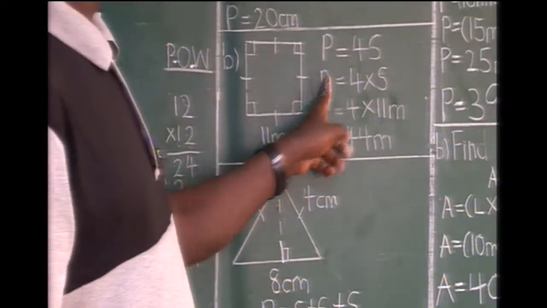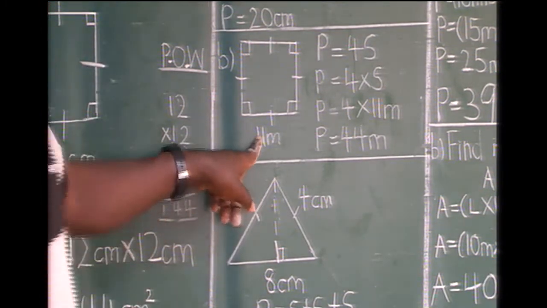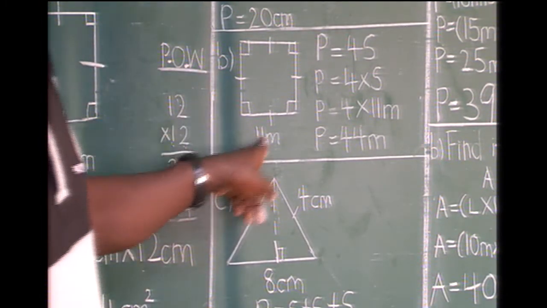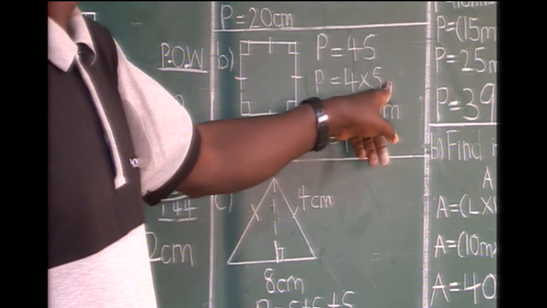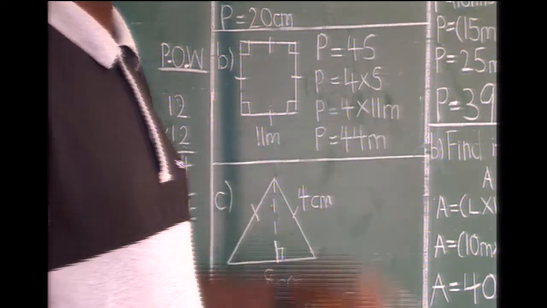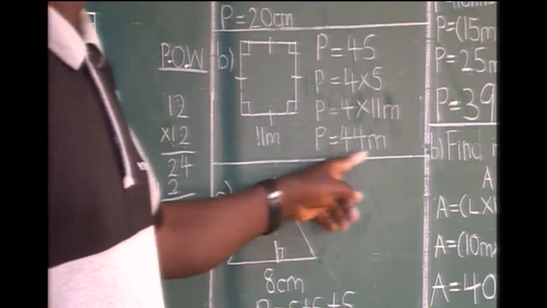So perimeter equals 4 times each side. Remember, each side measures 11 meters. These are meters, please, this time. So 4 times each side, which measures 11 meters. So you say perimeter equals 4 times 11 meters, thereby getting 44 meters.